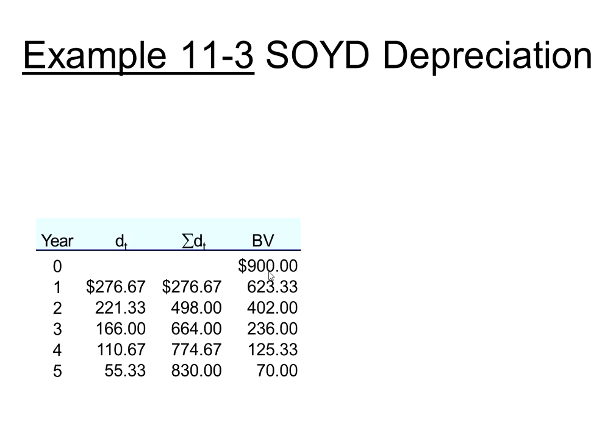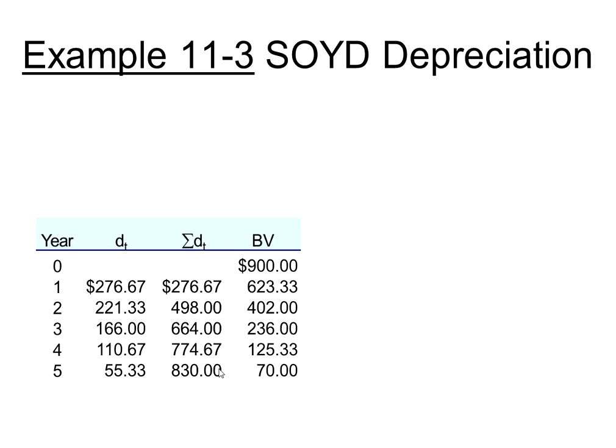And then to get the book value, we subtract, right, from 900 we subtract this to get this, from 900 we subtract this to get this book value, and then from 900 we subtract this to get the end of the third year book value, and then from 900 we subtract the sum of all depreciation by the end of year 4, and that gives us the book value at the end of year 4.